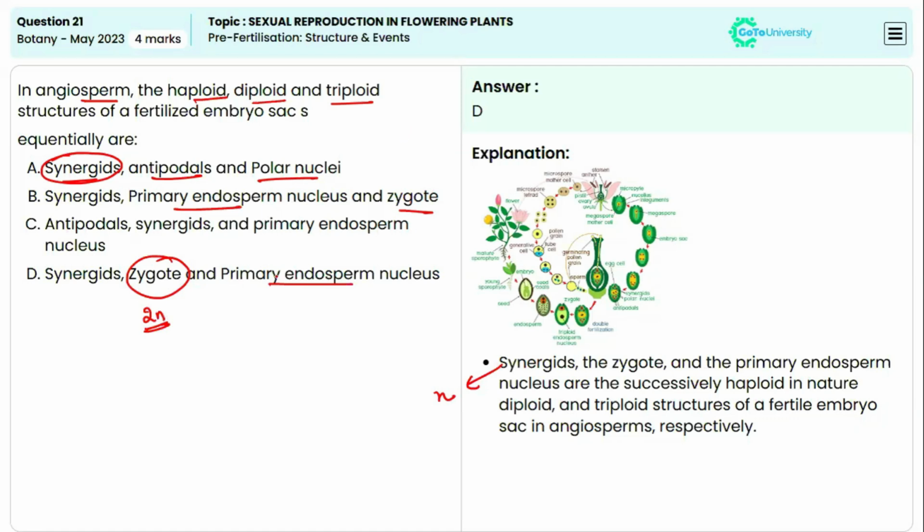And then we have the primary endosperm nucleus, which is triploid in nature. So that means option D will be the correct answer. Synergids, which are haploid, zygote, which is diploid, and primary endosperm, which is triploid in nature. And these will be forming a fertilized embryo sac in the angiosperms, respectively.